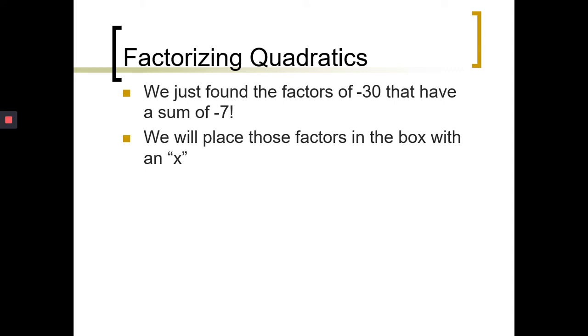And that is negative 10 and 3. So originally it was 3 and 10. But since we want the two numbers to add to give us negative 7, we made the 10 negative.